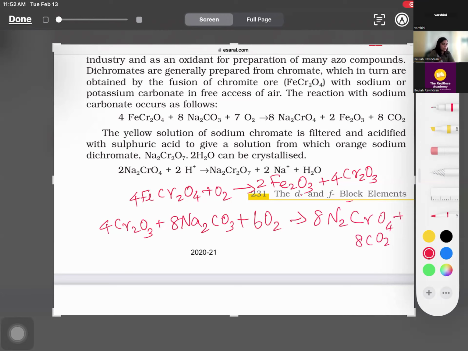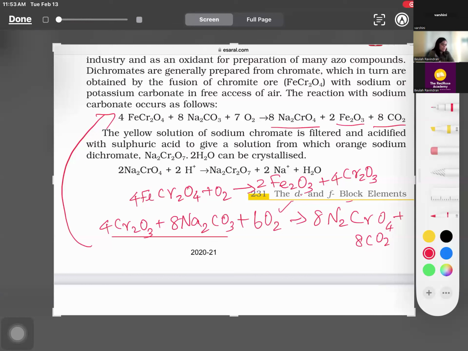Now check the balancing of the equations, whether it is balanced or not. After that, the reaction follows: 4 FeCr2O4, combined with excess oxygen. Got the point? Then it will give 8 Na2CrO4 plus 2 Fe2O3 plus 8 CO2.